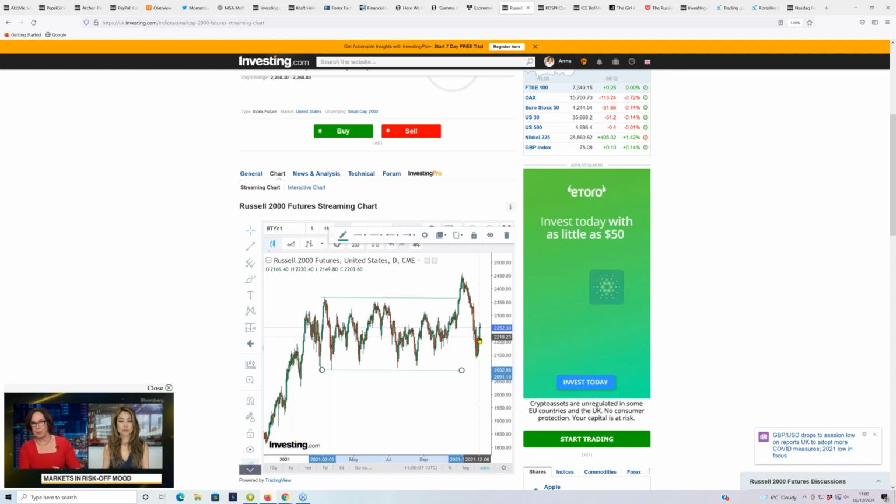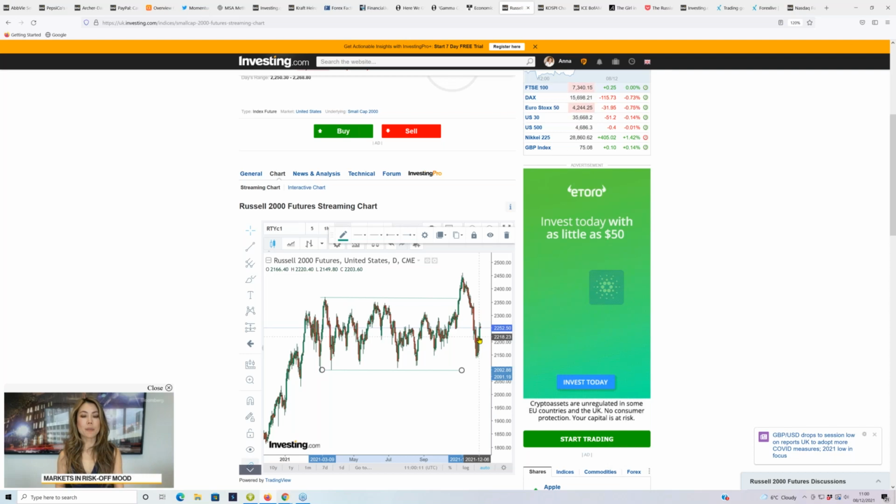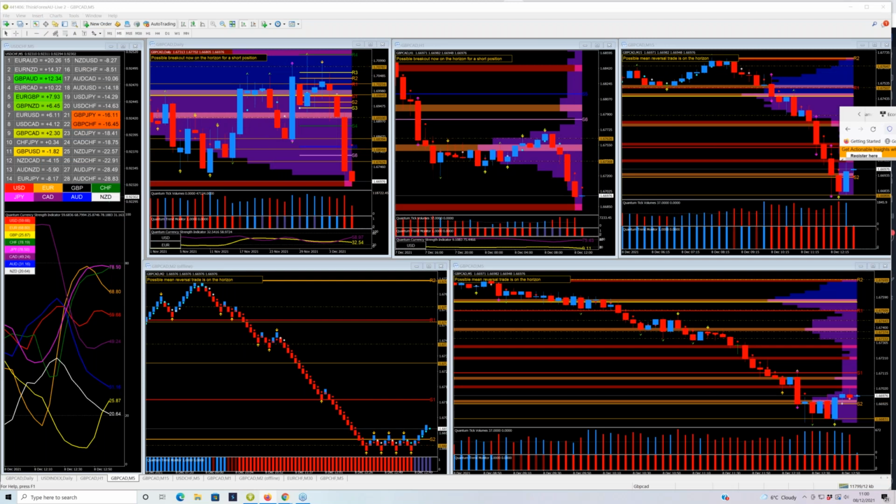Now the Russell 2000 index is quite interesting because it's an index for very speculative stocks. It's where investors like to go and find the next Apple, the next Google. So it's very volatile. The stocks tend to be quite volatile anyway. And it's a good barometer for risk appetite, because when traders and investors take on risk appetite, they're going to put their money into more speculative assets.